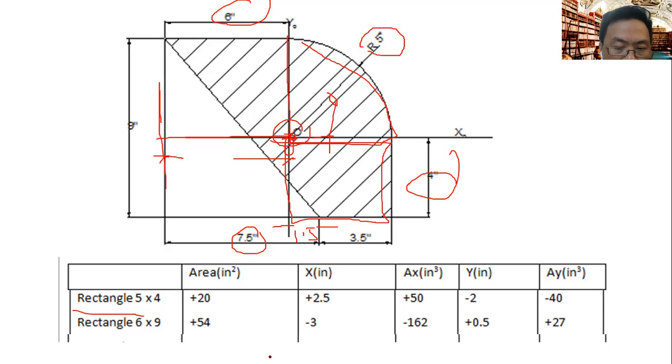Take note, we are computing area, so it's all positive. And later, this triangle will be negative because we are going to subtract it.